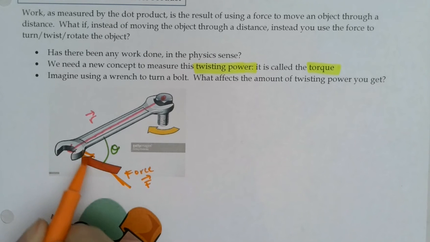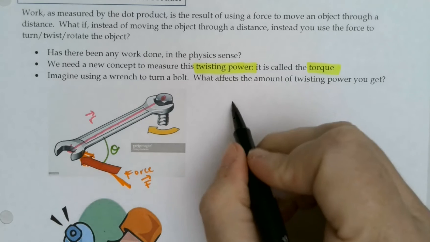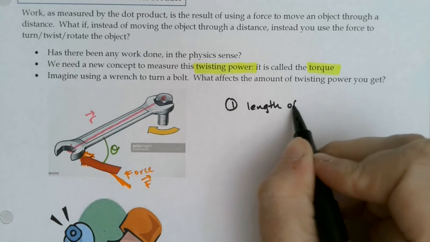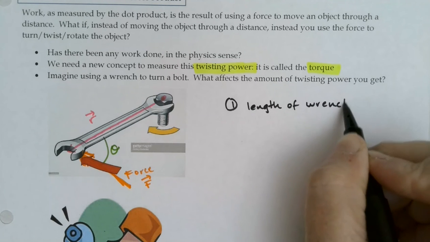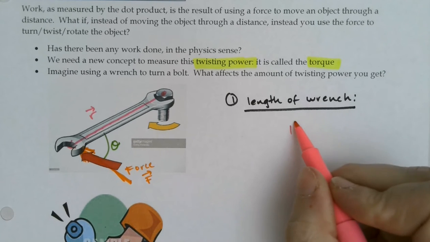So you push this way, and that angle that you're forming is theta. All right, so let's define all those. Sorry, this one's getting lost in this arrow here, but there's a force vector there. Okay, so the length of the wrench would be the magnitude of that radius vector.